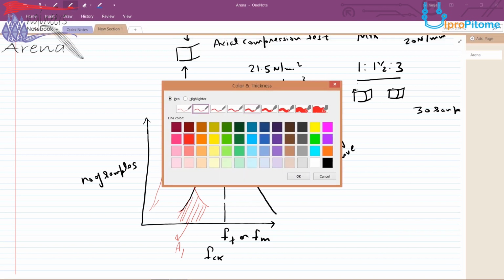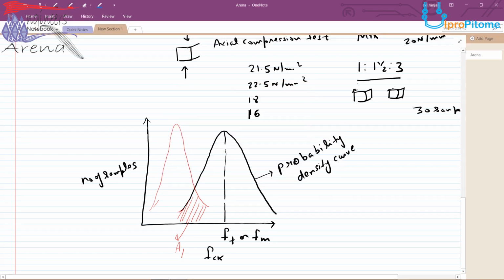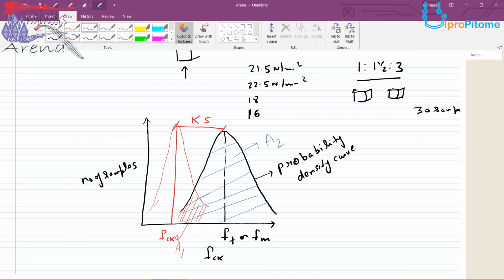This is equal to FCK, and these are at the same height. This is K into S. And this portion, including the hatched red portion, in blue, the total area is A2.